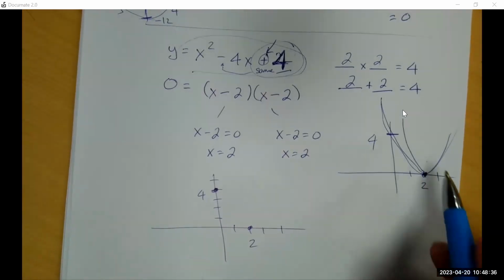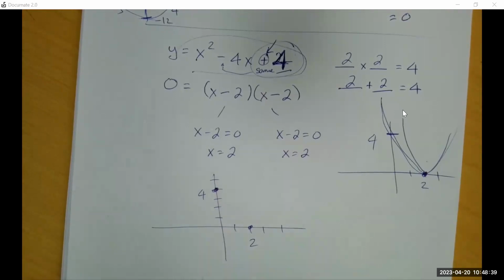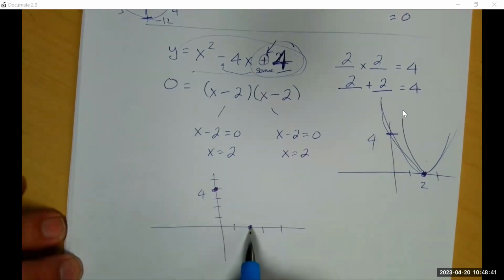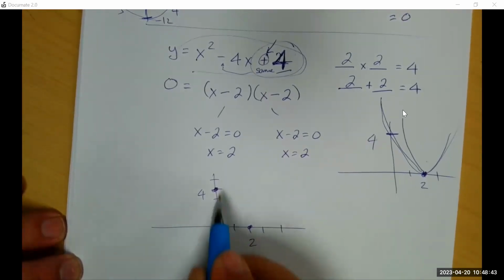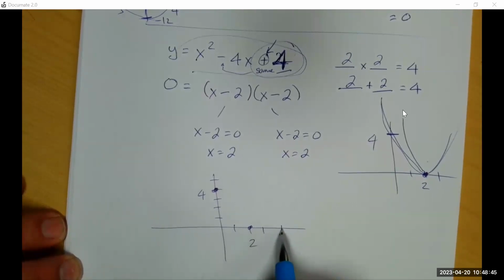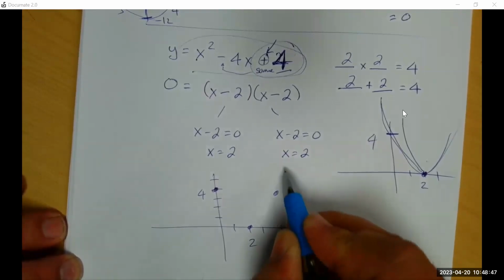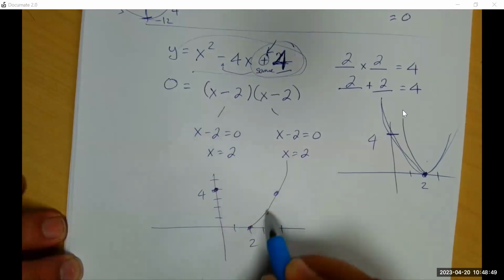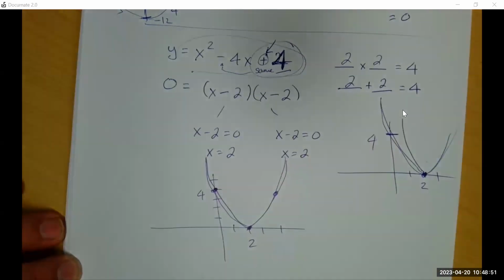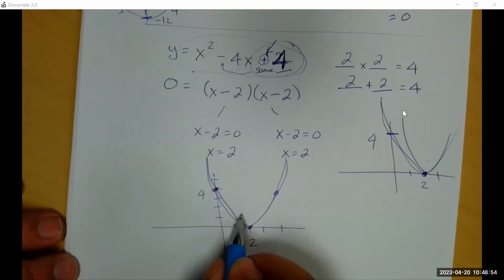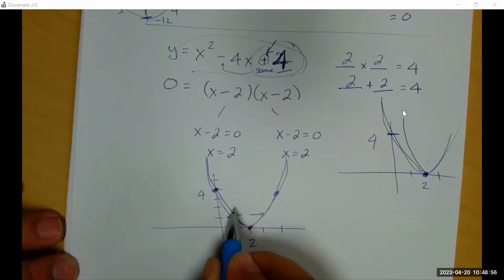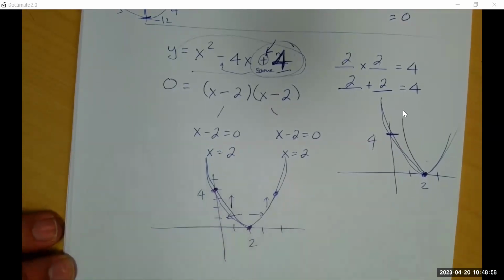Because these graphs are symmetrical, they're even mirror images of each other. We go 1, 2, and 4 up. We go the other way. 1, 2, and 4 up. There's another dot. So we can draw our graph this way. So we go 2 this way, we go 2 that way, up 4, up 4.